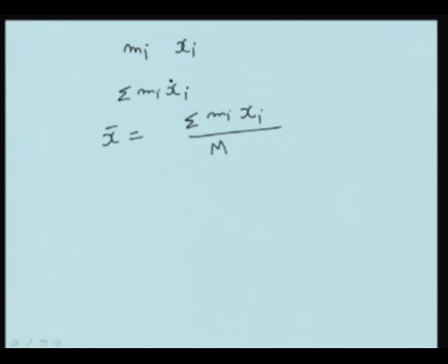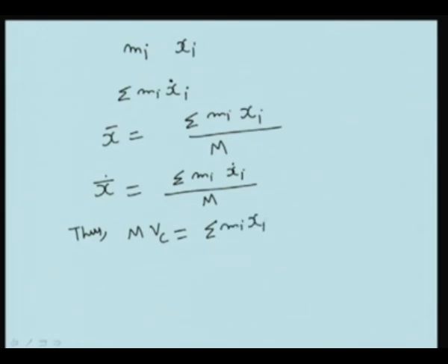I can differentiate both sides with respect to time, and I get the relation x bar dot is equal to sigma mi xi dot divided by m. Thus m times Vc, where Vc is x bar dot, the velocity of the mass center, is equal to sigma mi xi dot.